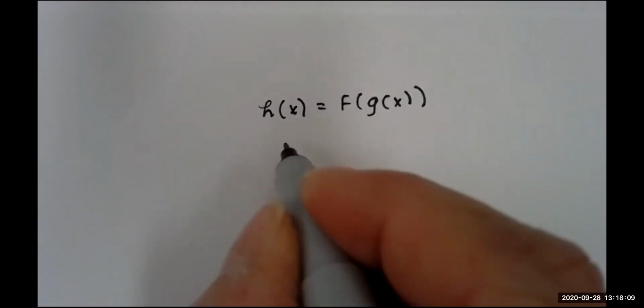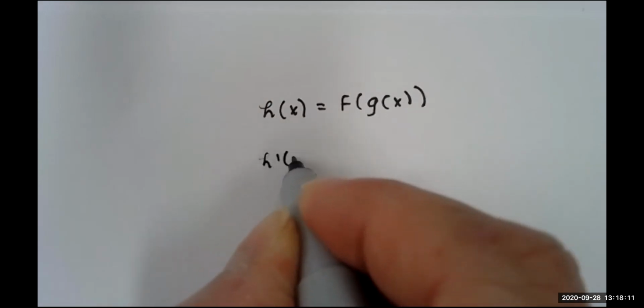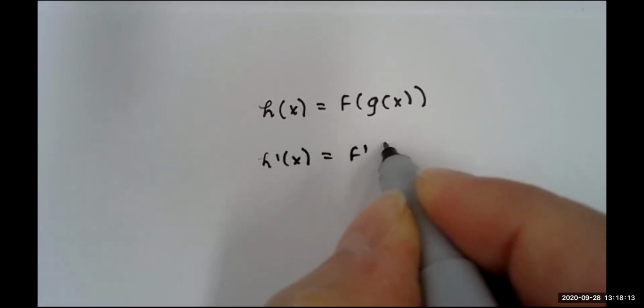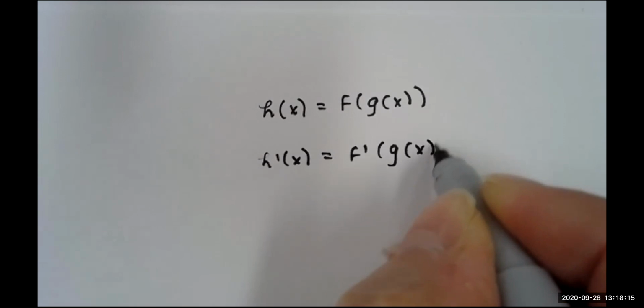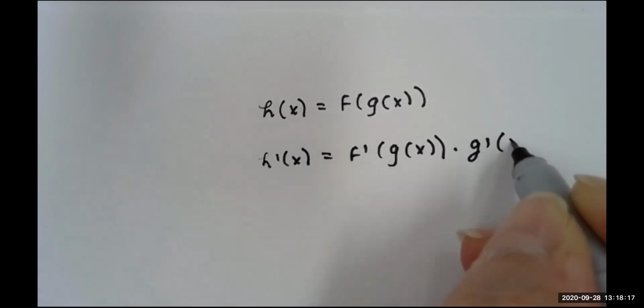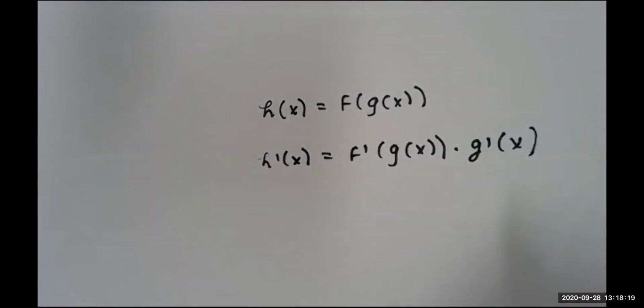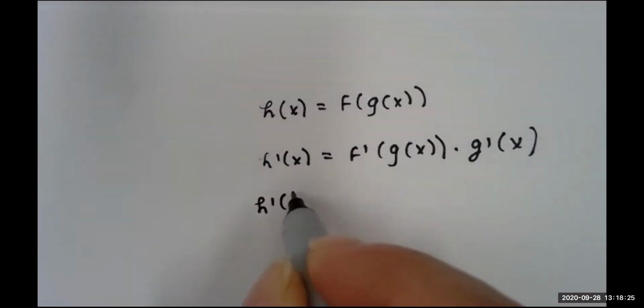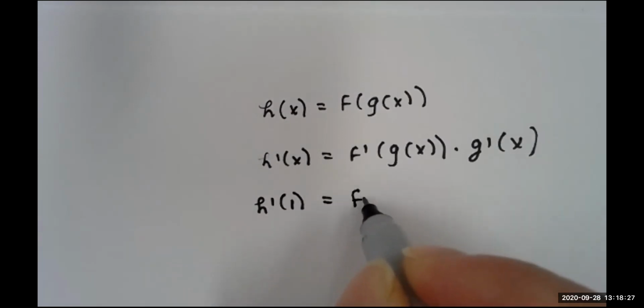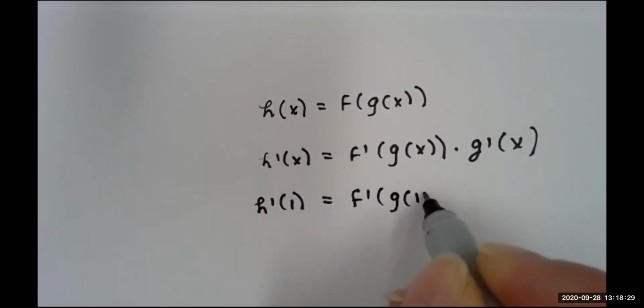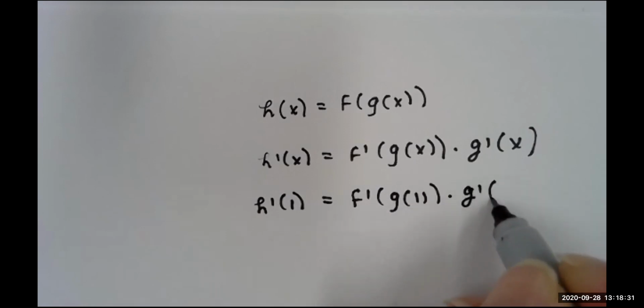So what we know is that the derivative of that thing is the derivative of the outer function recomposed with the inner times the derivative of the inner function, right? And we're given a bunch of information, and we want to find h prime of 1. Well, h prime of 1 is f prime of g of 1 times g prime of 1.